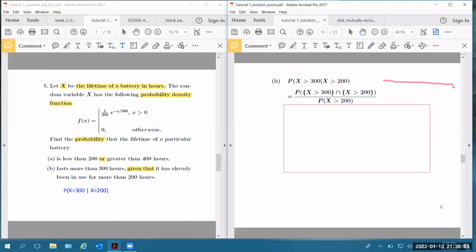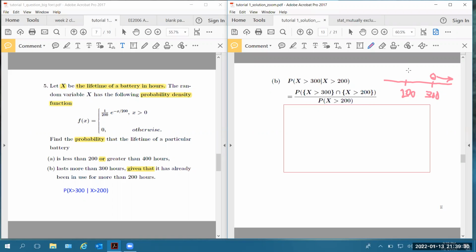When you are confused, we draw a diagram. We have 200 and we have 300. Let me draw X more than 300. From secondary school, you have an open circle, then you draw an arrow like that, so that means more than 300.